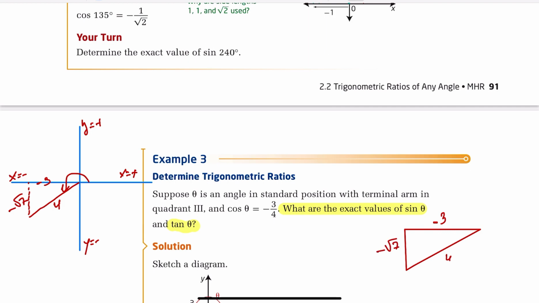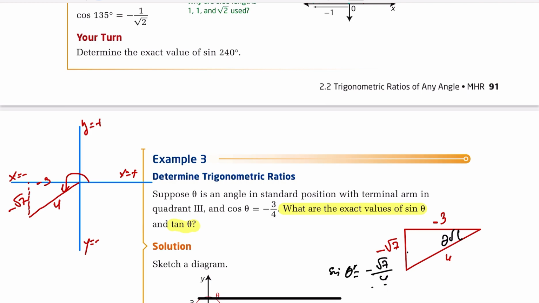So the sine, this is my reference angle, theta r. So the sine of my theta r is what? Is this over this, which is minus square root of 7 over 4.